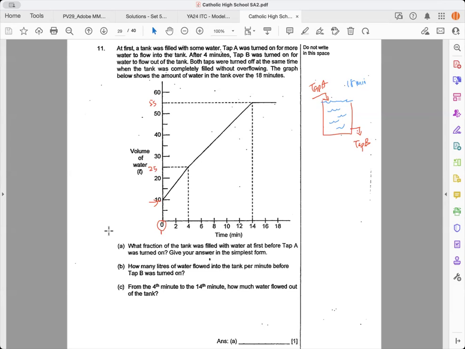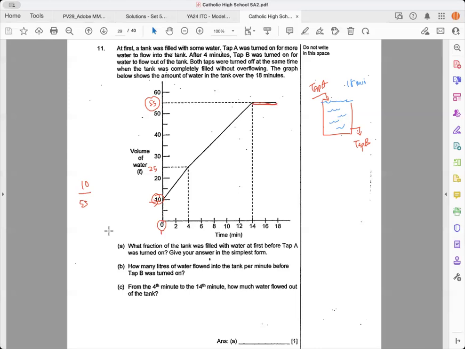What fraction of the tank was filled with water at first before tap A was turned on? At first, the tank has 10 liters of water. Fraction of the tank means the capacity of the tank, which is 55. That's where it cannot go further up.